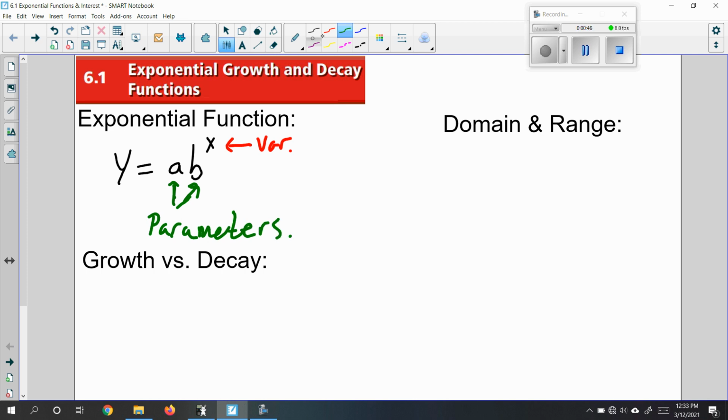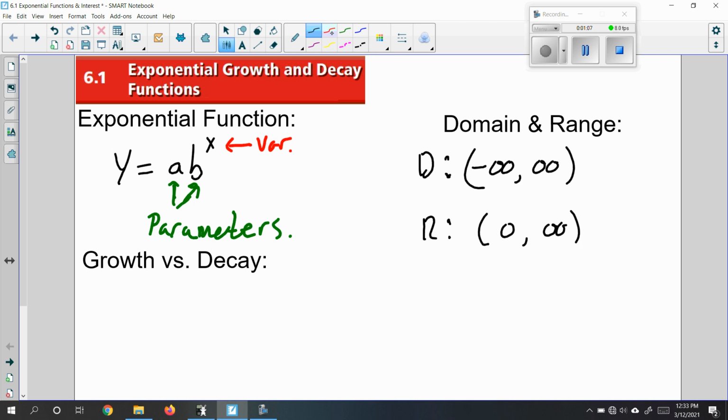The domain of an exponential function is from negative infinity to positive infinity. The range of an exponential function is from 0 to positive infinity. But note, when we make transformations, this can change.